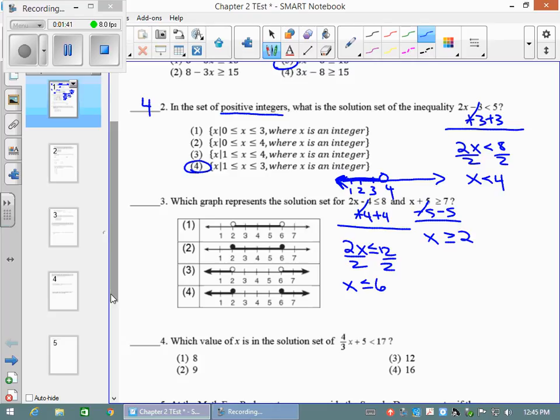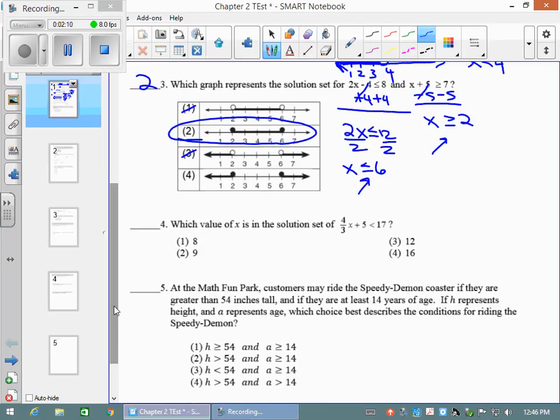Looking at my choices, I can eliminate choices 3 and 1 because they're not including the 6 and the 2, and choice 2 includes 6 and 2. Then I have to think to myself, which inequality is being shown that states that x is less than or equal to 6 and greater than or equal to 2. So the correct choice would be choice 2.